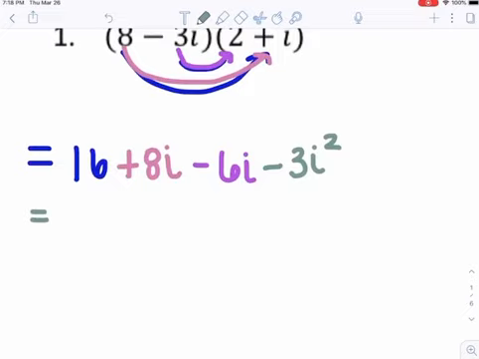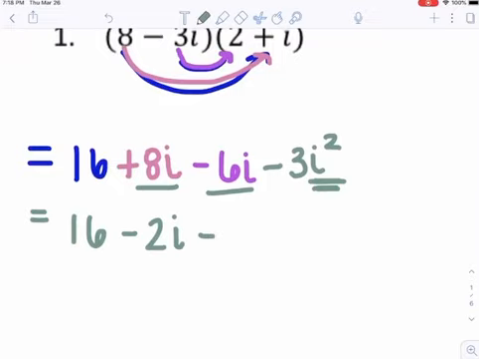So again, treat i like a variable. And I'm going to combine my like terms. So I'm going to combine the 8i and the negative 6i. So that's 16 plus 2i, right? The i doesn't change. But now, this negative 3i squared, we know from the last lesson that i squared is going to change because I know that i squared is equal to negative 1, because the square root of negative 1 squared, the radical goes away and I'm left with just negative 1.